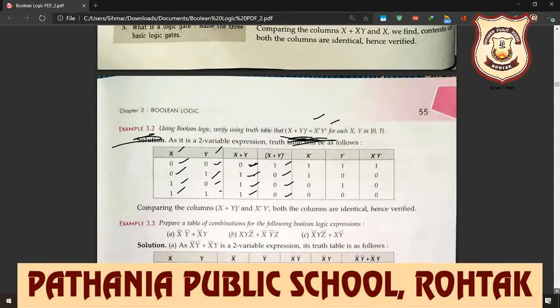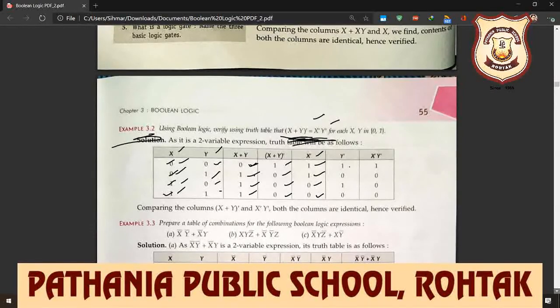And after that we need is equal to x complement into y complement. So we need x complement. So here is x 0 0 1 1, convert in complement 1, 1, 0, 0. When you find out the complement of any variable, 0 converts in 1 and 1 converts in 0. Now we need the y complement.